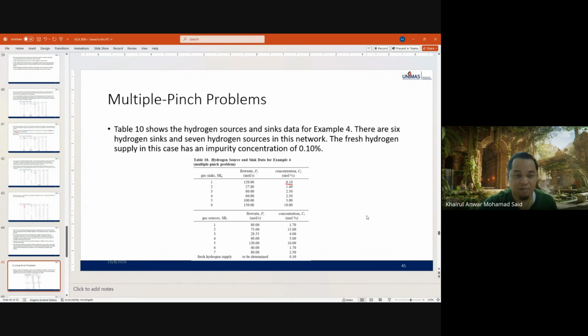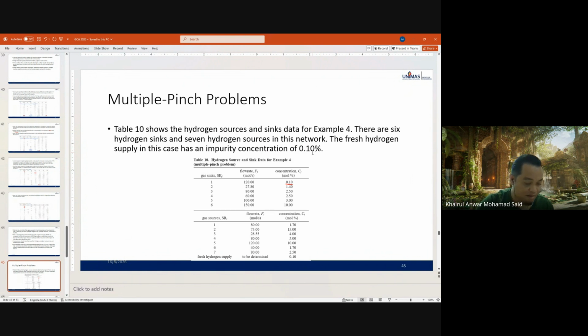Okay, so this is the multiple pinch. Table 10 shows the hydrogen source and sink of example 4. So this example 4 is also in the paper. Six hydrogen sinks and seven hydrogen sources. The fresh hydrogen supply in this case has an impurity of 0.1%.